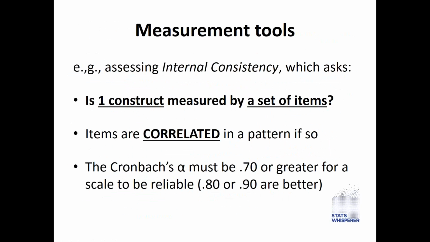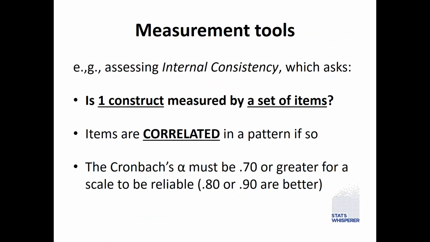Next we want to look at the measurement tools. A lot of checks of measurement tools are done before the study, but one check done after data collection, and probably the most widely reported, is the check of internal consistency. What we're looking at is one construct measured by several items on the scale.